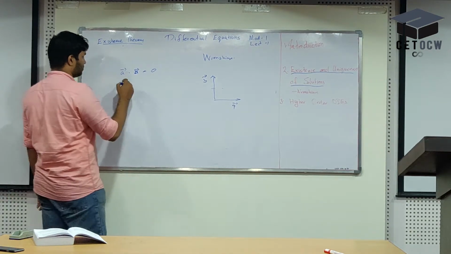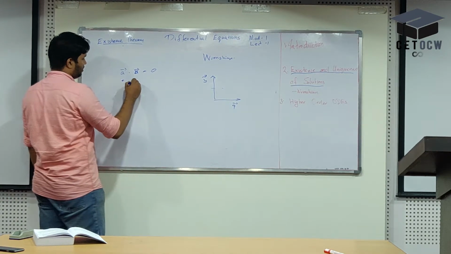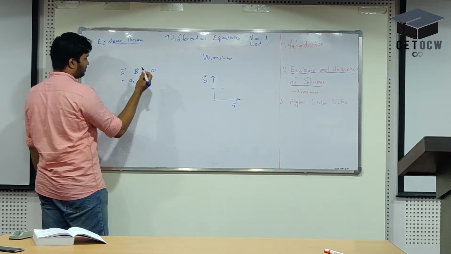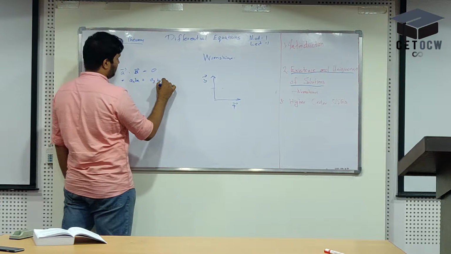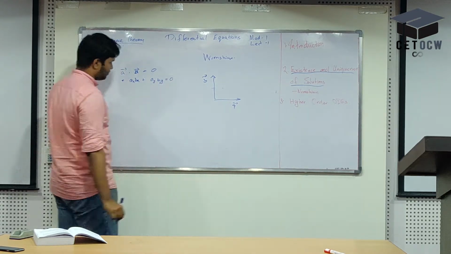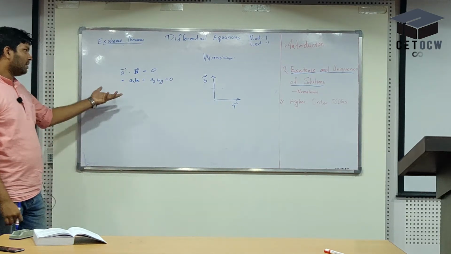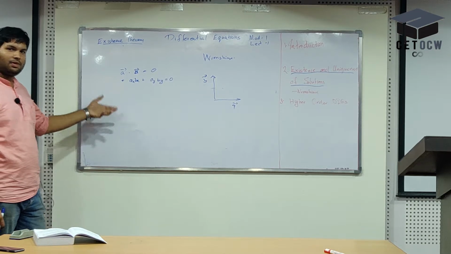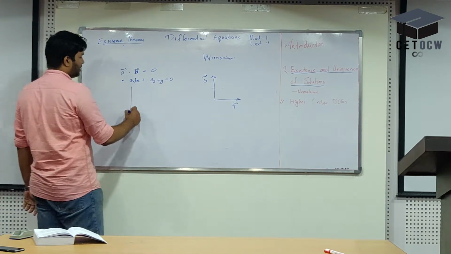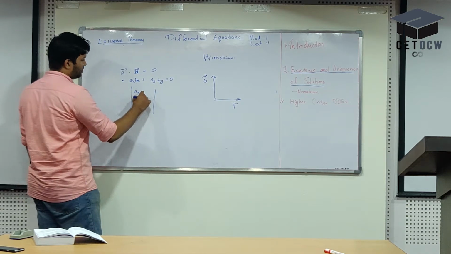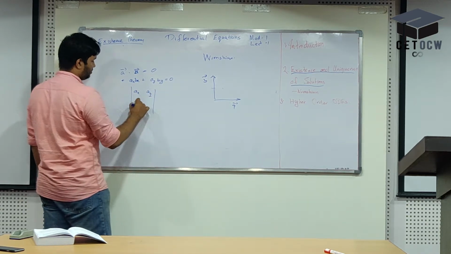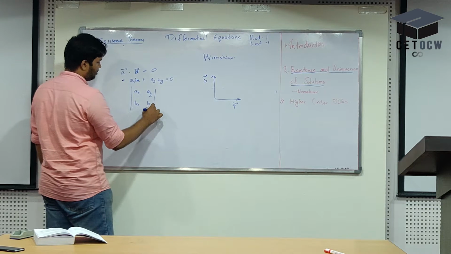Or let's say AX BX plus AY BY equal to 0. Now, how do you represent this in matrix form? This can be simplified to a matrix determinant: AX, AY, BX, BY.